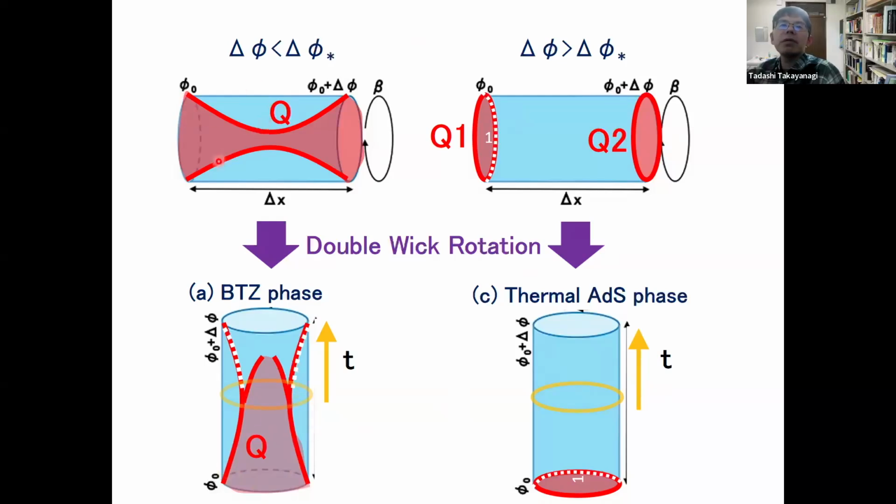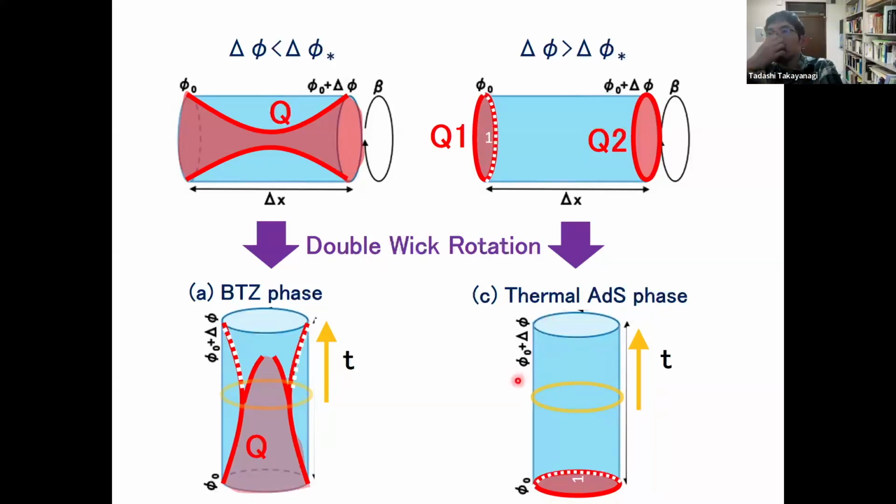At t equals 0, we continue to Lorentzian geometry. Then it shrinks to zero size this way. There is a non-trivial end-of-the-world brane time evolution there. But in the thermal AdS case, it's localized here, right? After Lorentzian time evolution, the end-of-the-world brane just disappears.